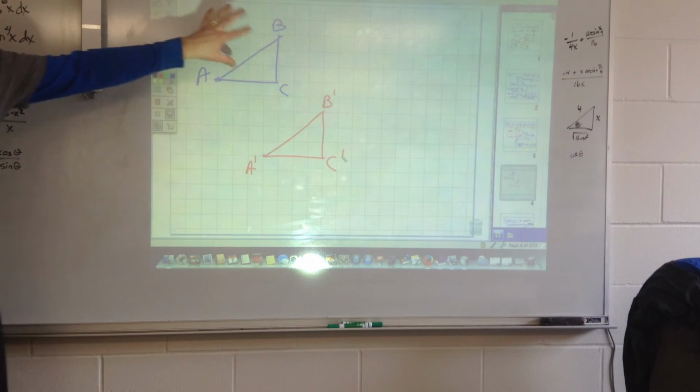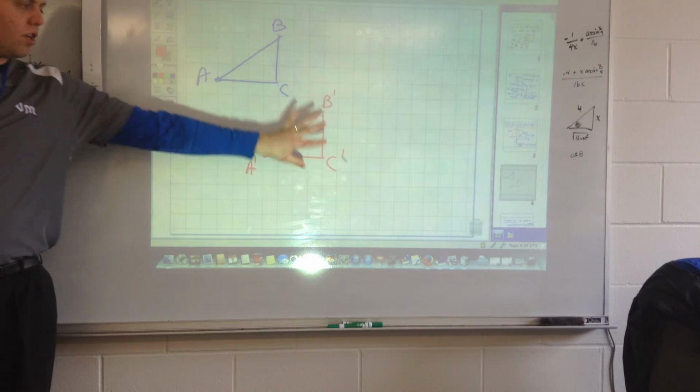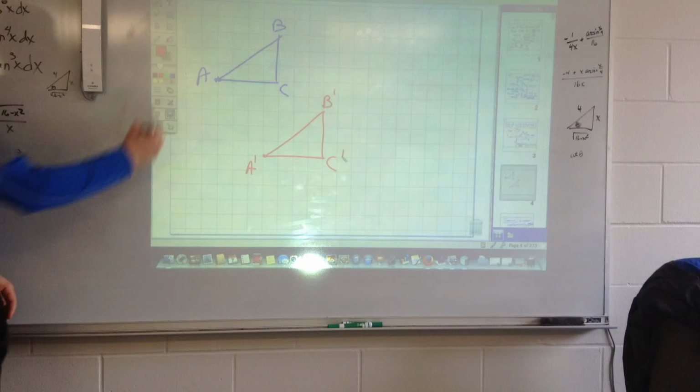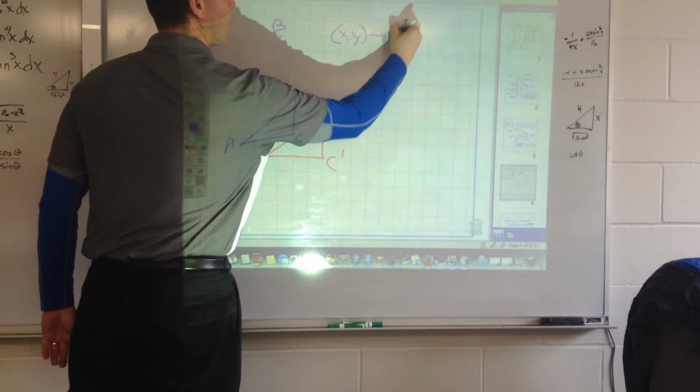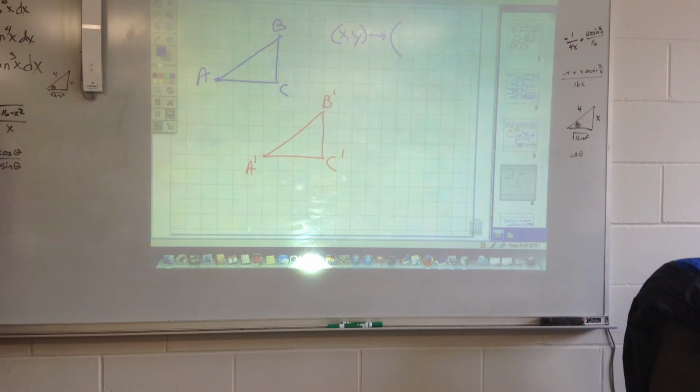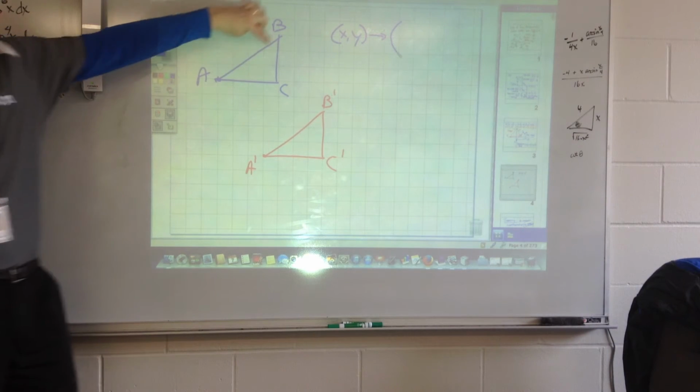What if I gave you the pre-image and the image and told you to write the translation vector? Just kind of do the opposite. You try to figure out how far it was moved left or right, and then how far it was moved up and down. So just pick a coordinate, doesn't matter which one you pick.